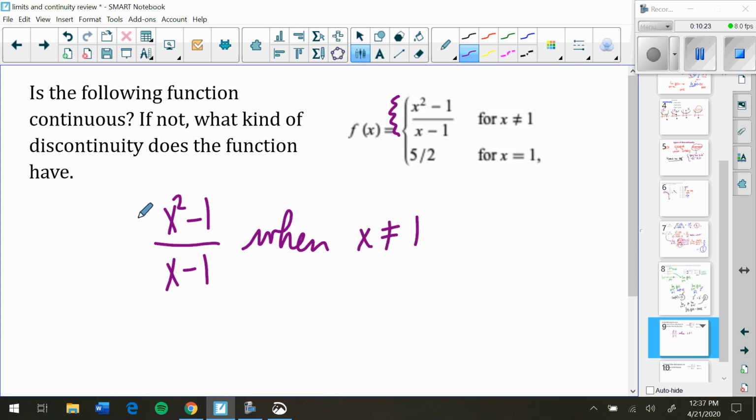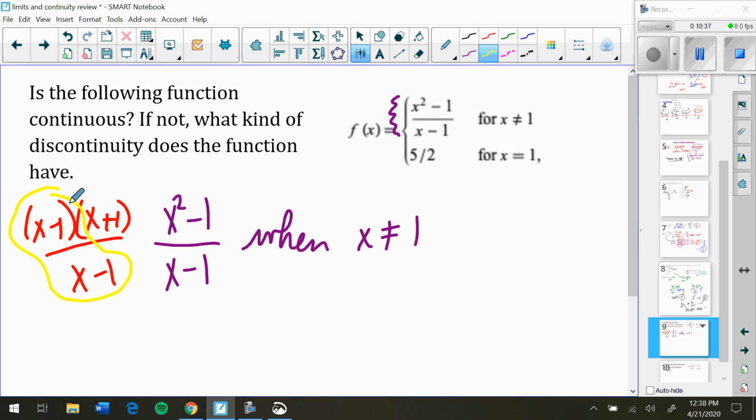Which is good because if we consider this function, we see it is the difference of squares all over x minus 1. And we notice that we have a common factor in the numerator and the denominator, which is a hole. That's the place where the function isn't defined.